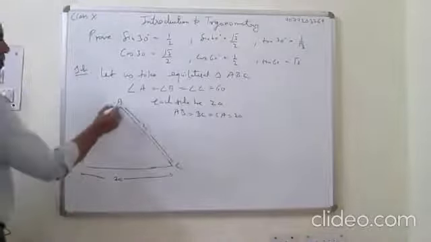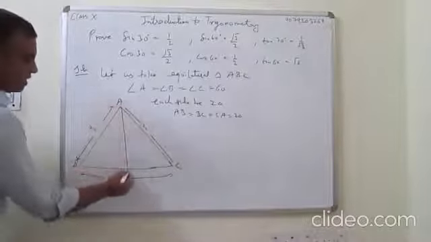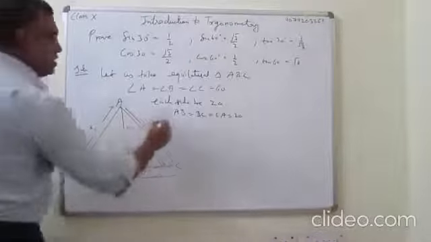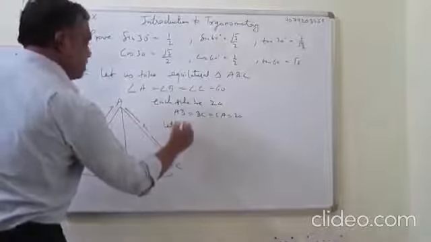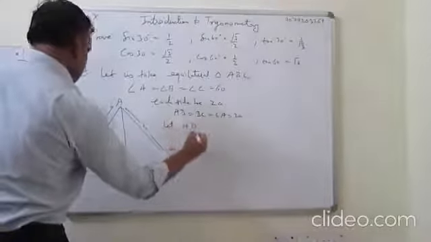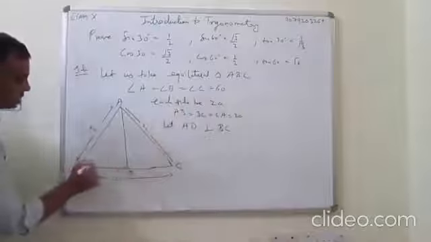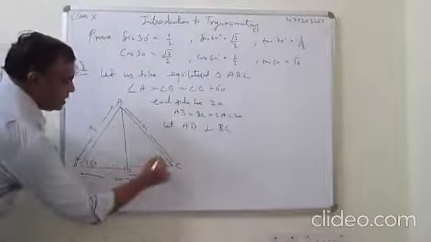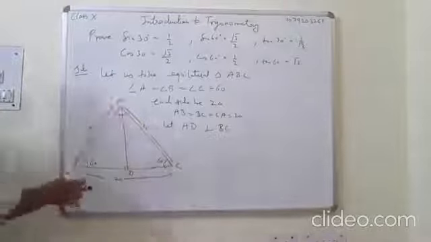Now let us drop a perpendicular from the vertex A to the side BC and call it D. Let AD be perpendicular to BC. This is 60 degree, this is 60 degree, and these two angles are equal.